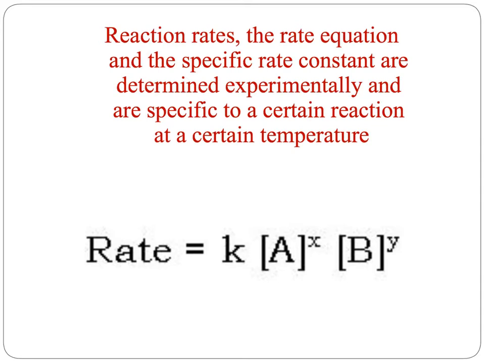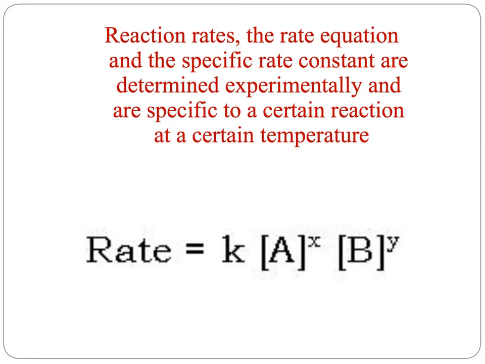So reaction rates, the rate equation, and the specific rate constant that you find in the rate equation are all determined experimentally and are specific to a certain reaction at a certain temperature. A different temperature for the same reaction will change the rate constant. And you know from the previous video that temperature is one of the factors that affects the reaction rate overall. So obviously increasing the temperature where a reaction is occurring will change the reaction rate.